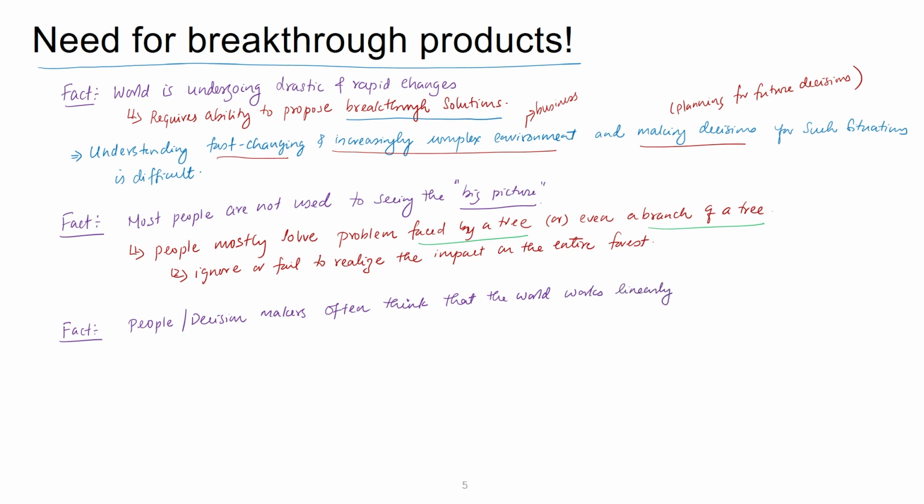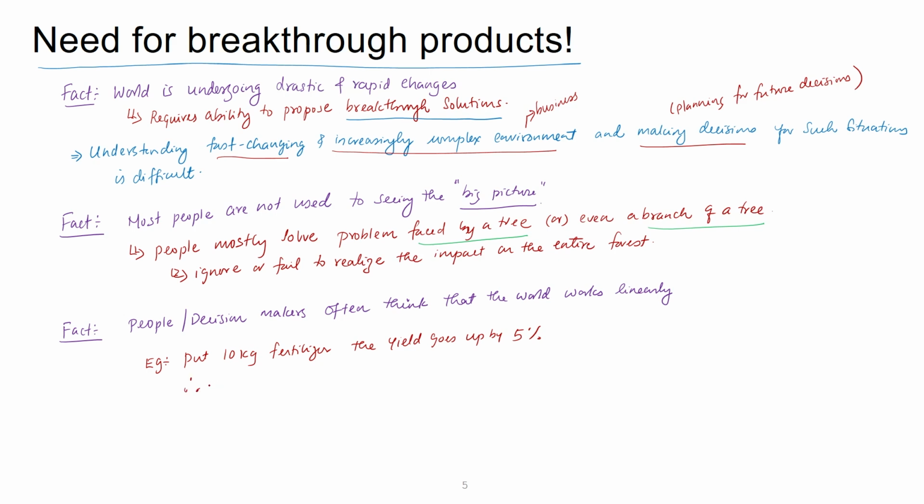Some people call this the engineering mindset. An example of this: put 10 kg fertilizer, the yield goes up by 5%.